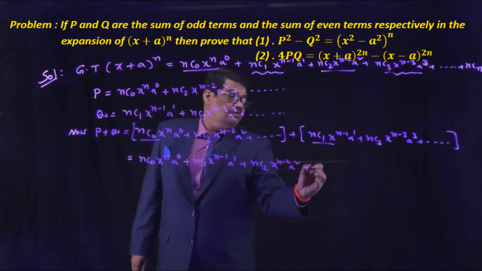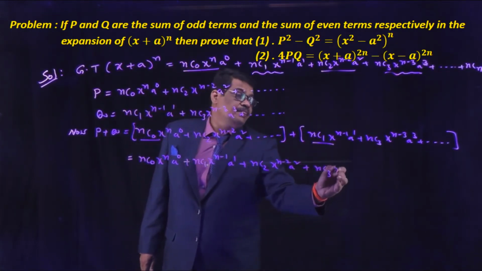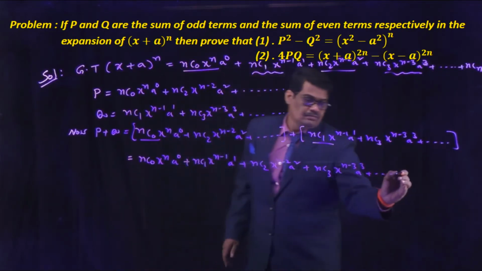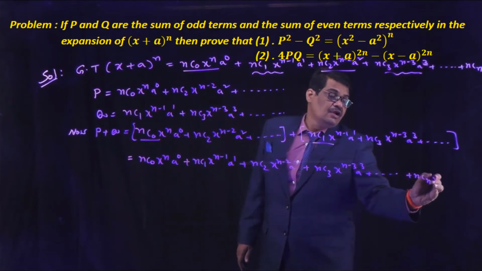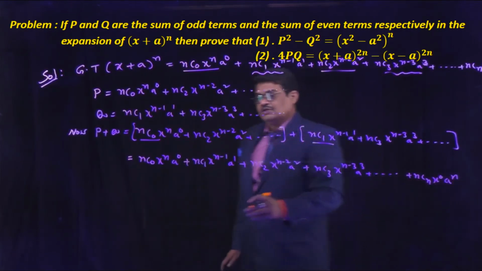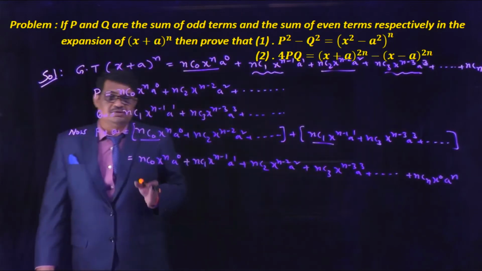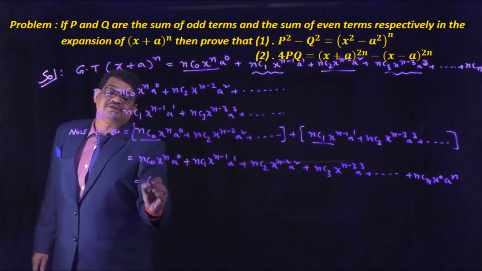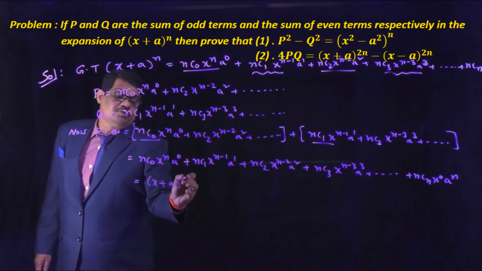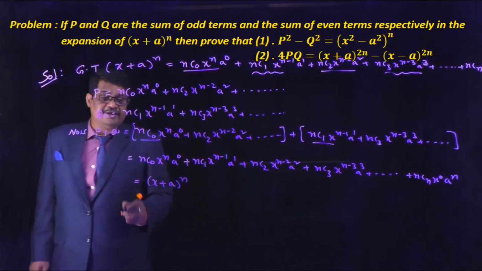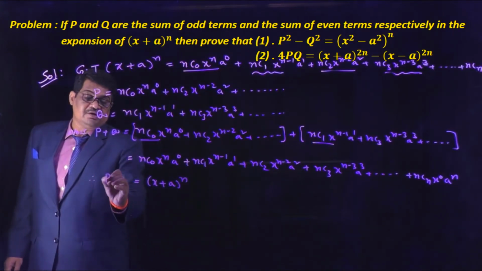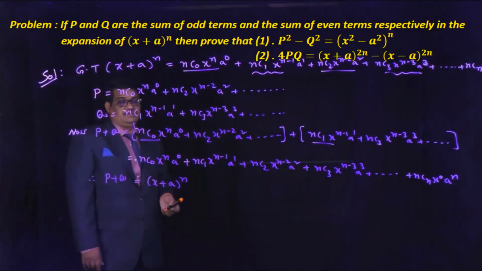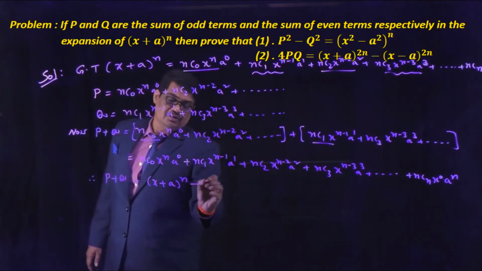Now we write the term nC3 x^(n−3) a³ and so on, plus the last term nCn x^0 a^n. This is the sum of all terms of P and Q, which is nothing but the expansion of (x + a)^n. So now we are getting P plus Q is (x + a)^n, that is equation 1.